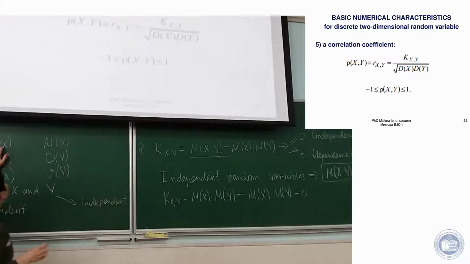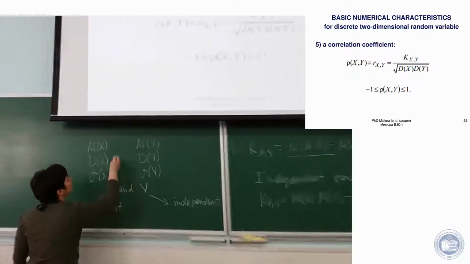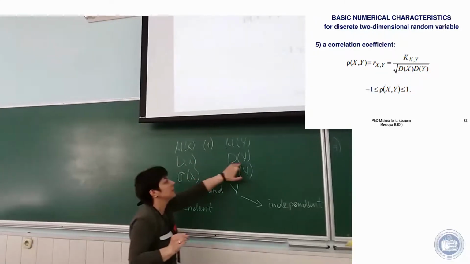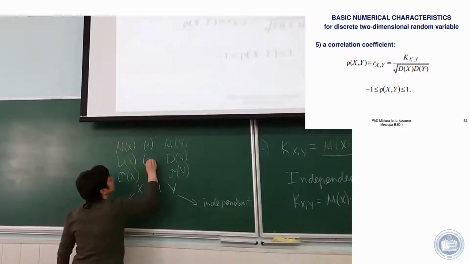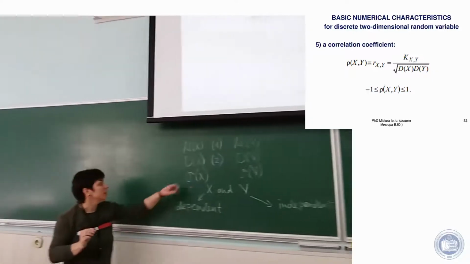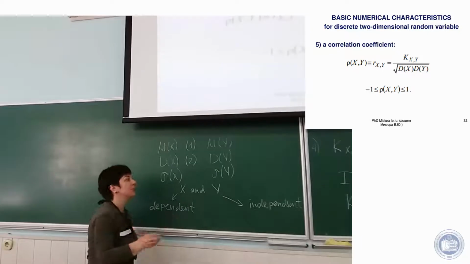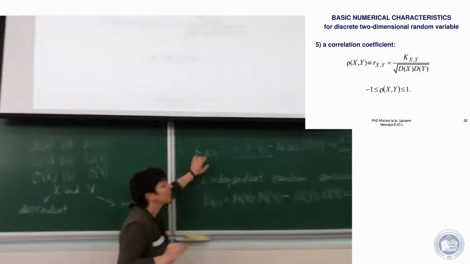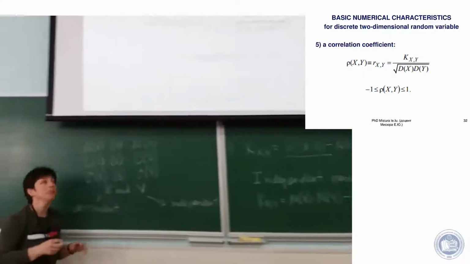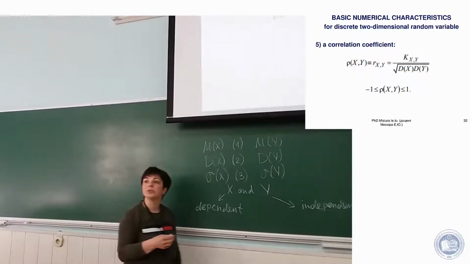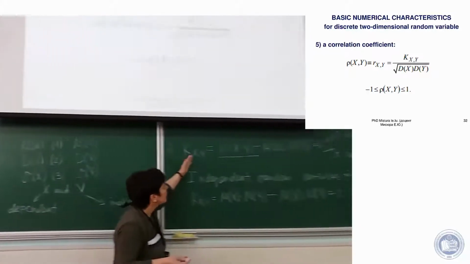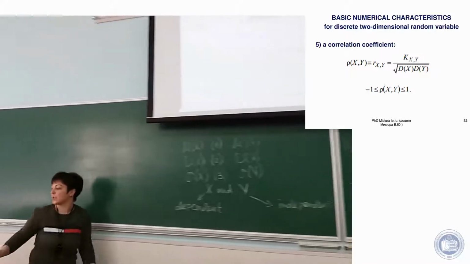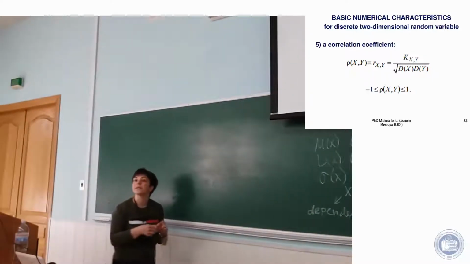Please remember, m of x, m of y will be the first numerical characteristic, d of x, d of y the second, sigma of x, sigma of y the third. The fourth is called covariation. With the help of this coefficient, you can define dependence or independence between x and y. Let's copy out the next coefficient.